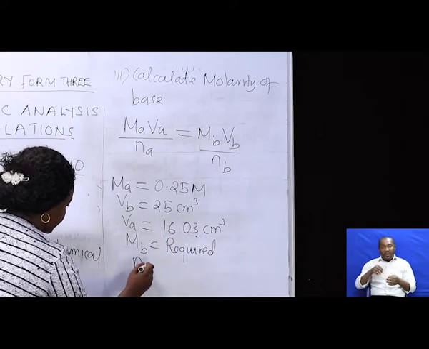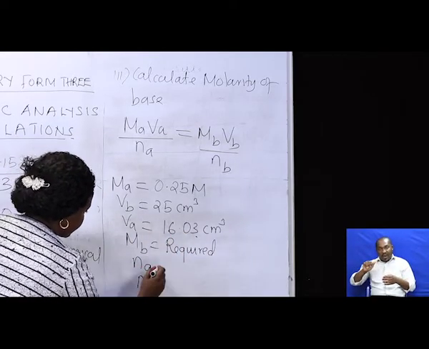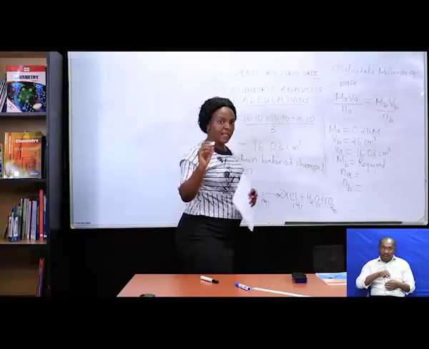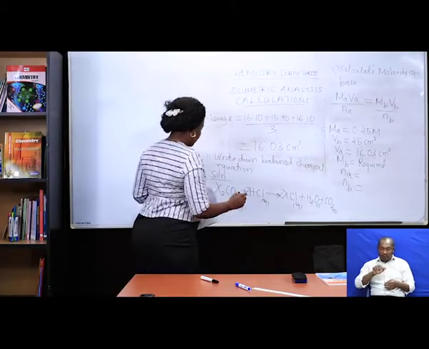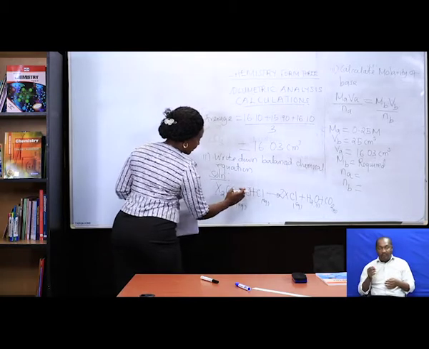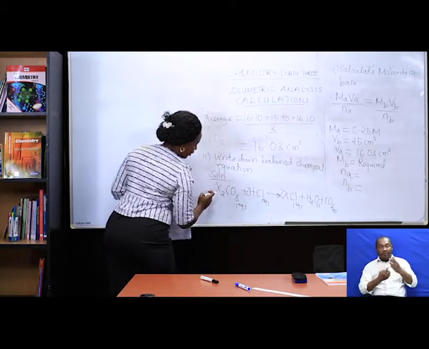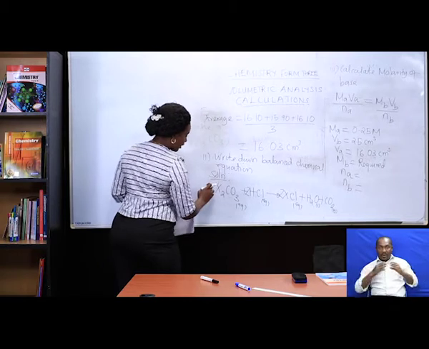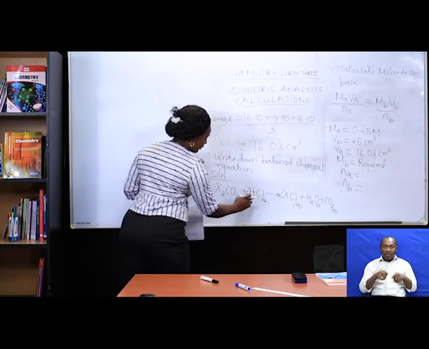Number of moles of acid and number of moles of base are going to be obtained from the balanced chemical equation. Where do we get it? I said it from the coefficient number of an acid and base. So here for a base there is 1, here for acid there is 2.